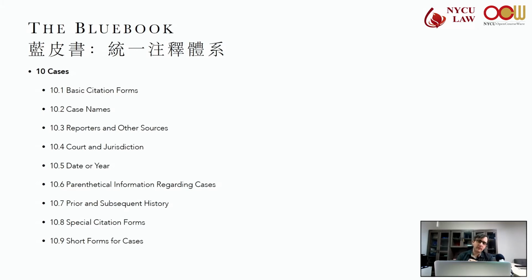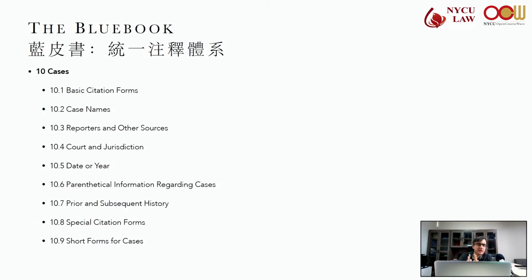Now, short forms. And remember, these are all in regular text. So after the case has been cited in full, you'll just use the short form. For the case we just cited, we have the shortened case name in italics.